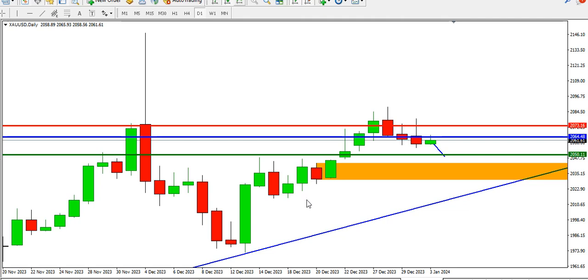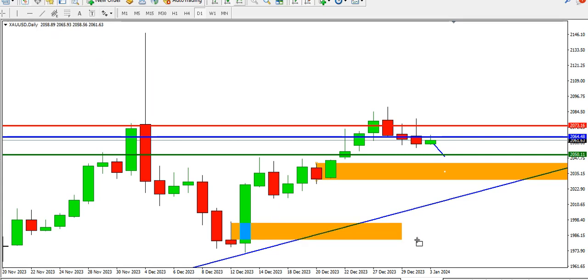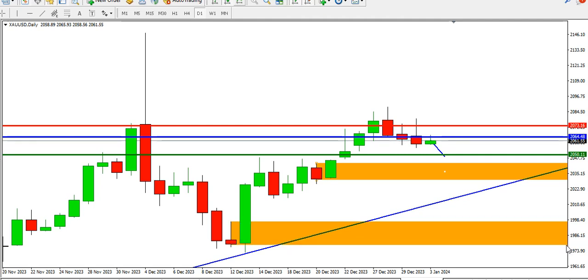That should possibly give price some level of support. But if that order block, that particular demand level, fails, we have another demand level around the 1986 area where price might likely find support.